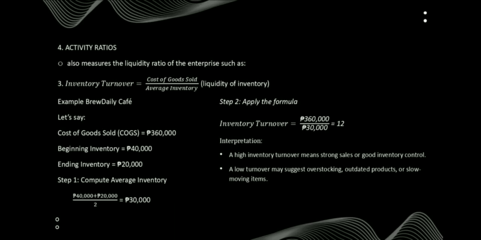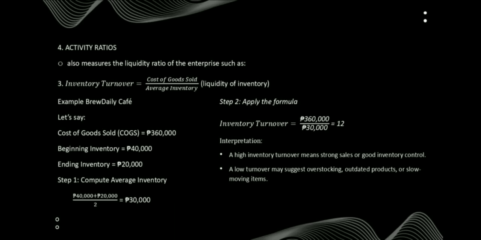We have to compute the average inventory, where we add the beginning and ending inventory and divide by two to have 30,000 pesos average inventory. To get the inventory turnover, we have to divide the 360,000 pesos cost of goods sold by the 30,000 pesos average inventory, which we got 12.